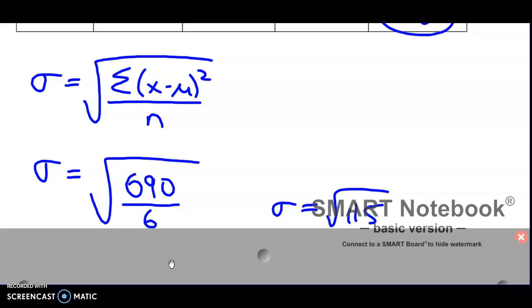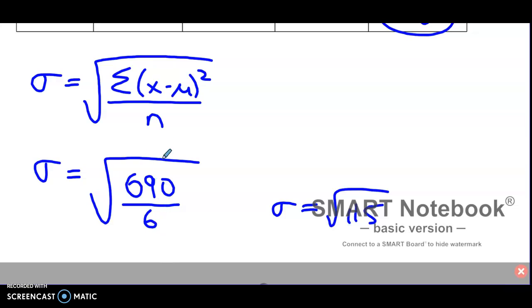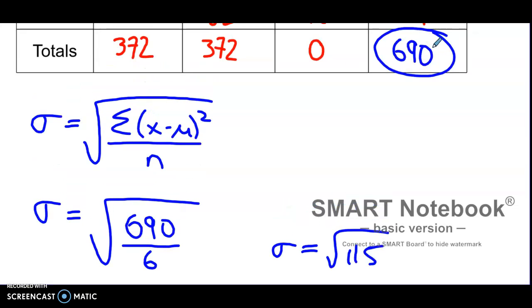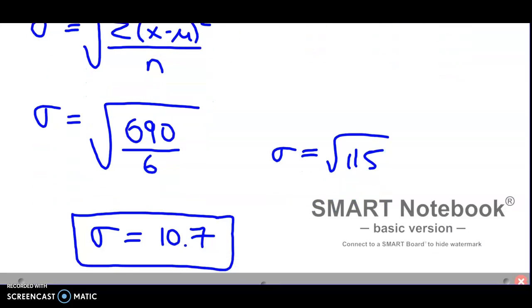So our sigma is 690 divided by 6, right? Because we've already calculated this, the summation of x minus mu squared. That's the 690. In n, we know there's 6 data points. So 690 divided by 6 equals 115. And square root that, and you should get 10.7.